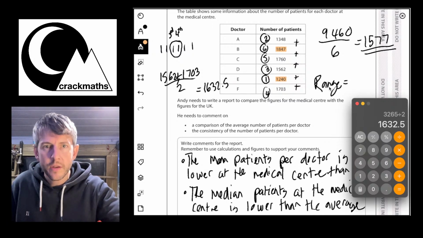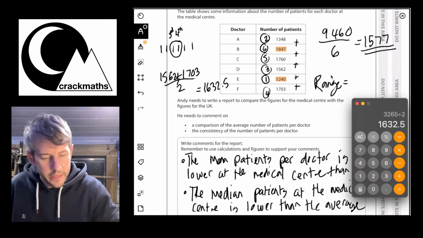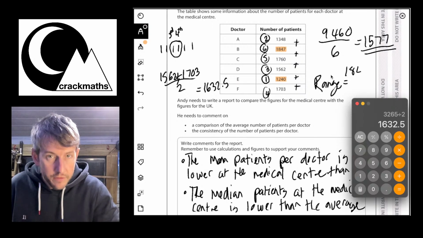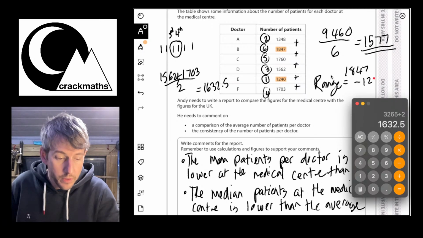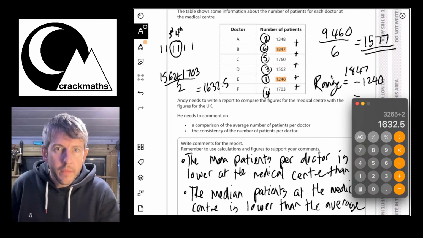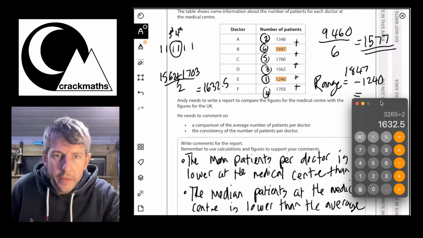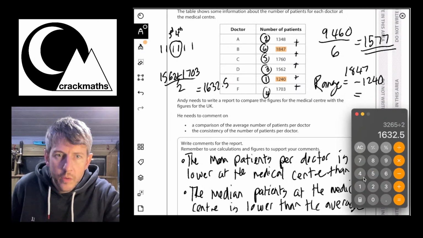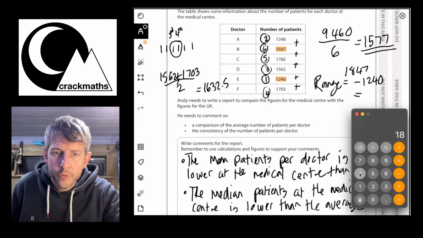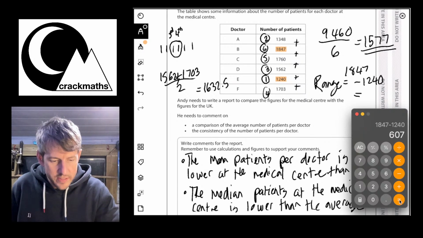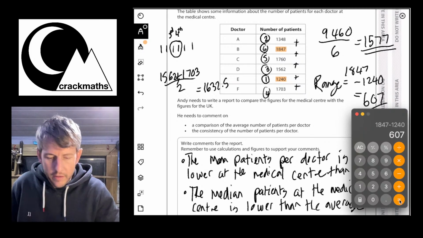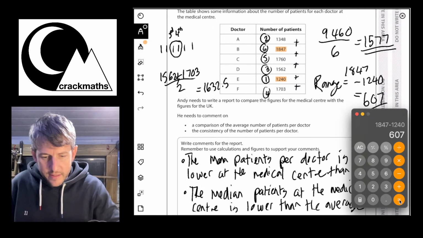So we're going to calculate the range by doing 1847 take away 1240, and let's find out what that is. I'm going to do that on my calculator. 1847 take away 1240, and that equals 607.